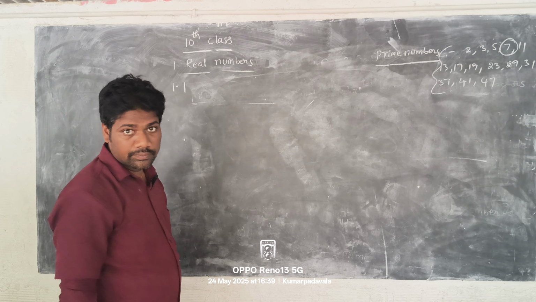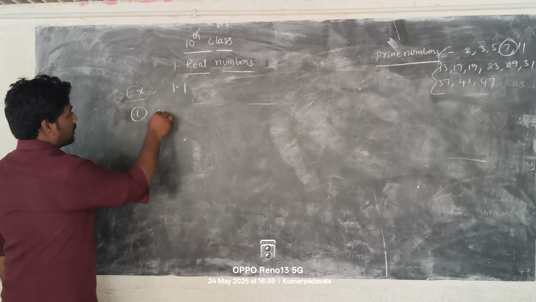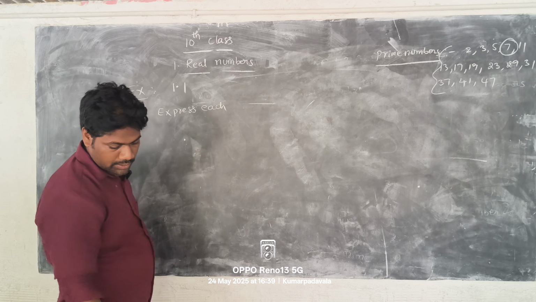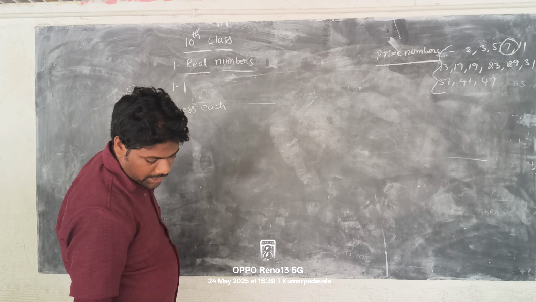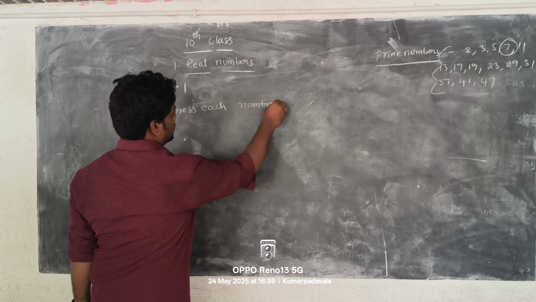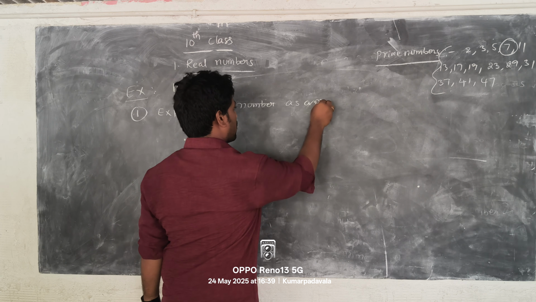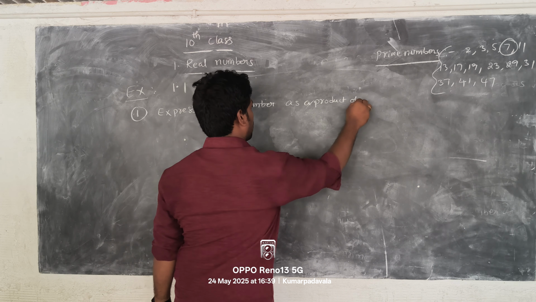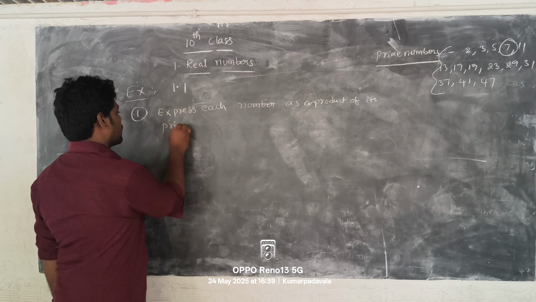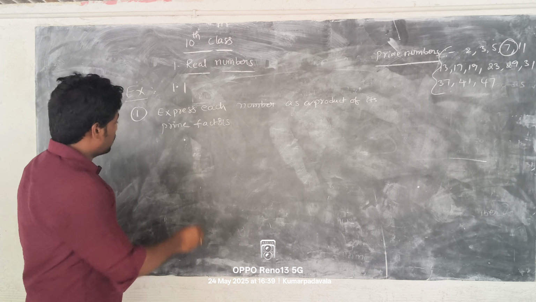Question number 1: Express each number as a product of its prime factors. First one 140, second one 156, third one 3825, fourth one 5005, fifth one 7429.